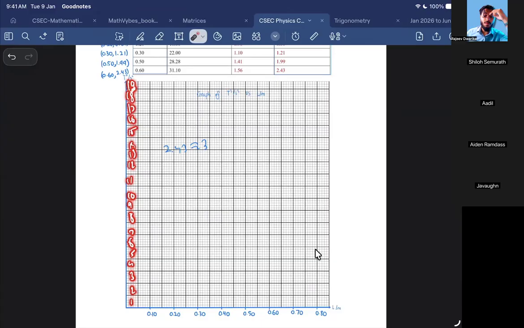Now, Adil, if I say every one block is 1, do you think that would occupy enough space? Yes. No. Let me explain that again.